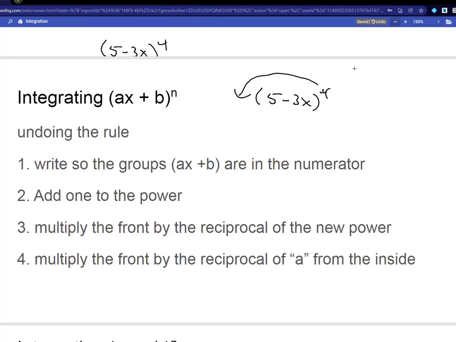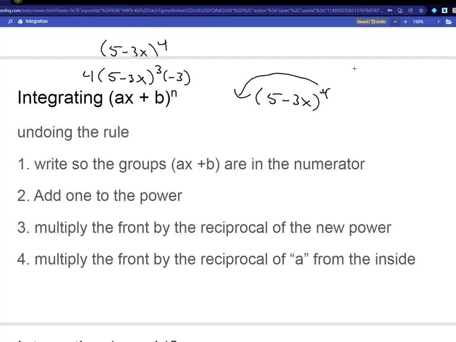You bring the 4 down, so 4 times 5 minus 3x, and then you subtract 1 from the power, so it becomes the third. Now what else do you do? You get the derivative of the inside, which in this case is negative 3. And then I multiply by negative 3. Okay?